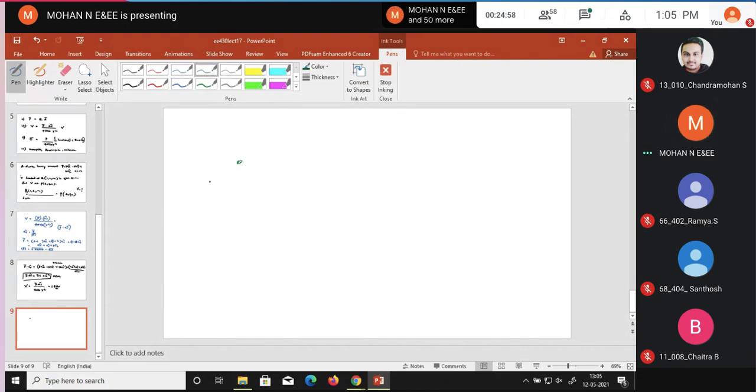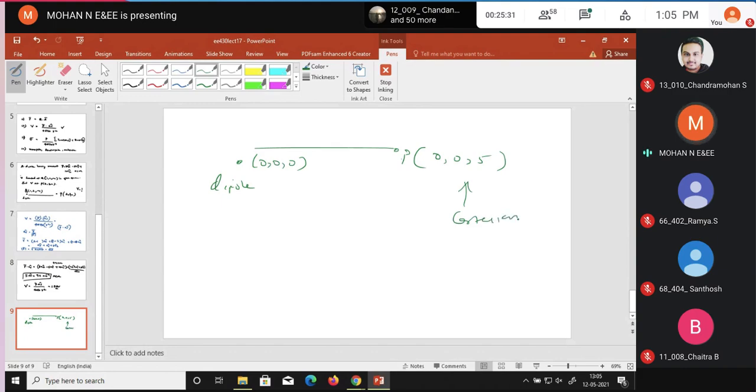So you have got a dipole at 0, 0, 0. You are supposed to find the electric field at 0, 0, 5. The field is due to this dipole. Very straightforward, and this is in Cartesian coordinates.